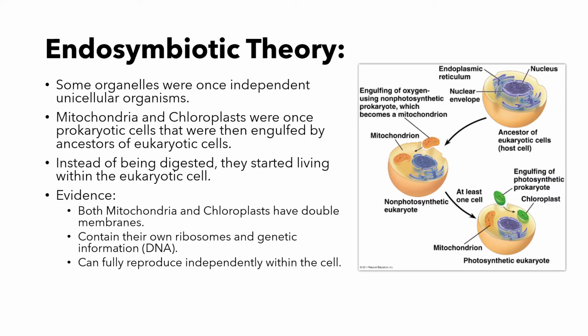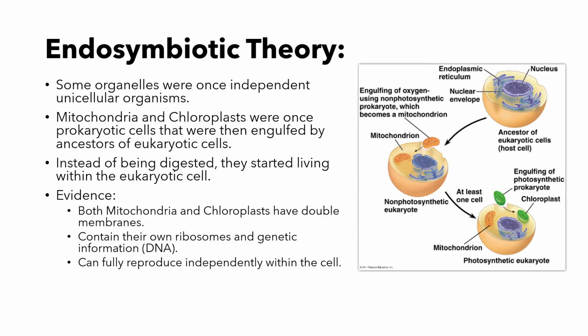So we've talked about all the different organelles, but here's an important theory that you should know about cells and their organelles. It mainly applies to eukaryotic cells. The main idea with this theory is that some organelles, specifically mitochondria and chloroplasts, were once prokaryotic, independent unicellular organisms. Just like the bacteria we have now, these mitochondria and chloroplasts were once prokaryotes like them.